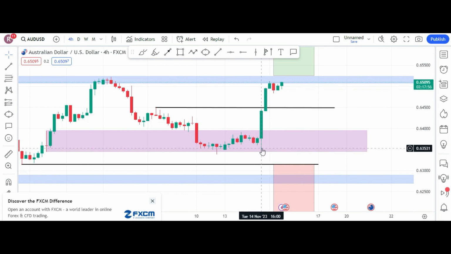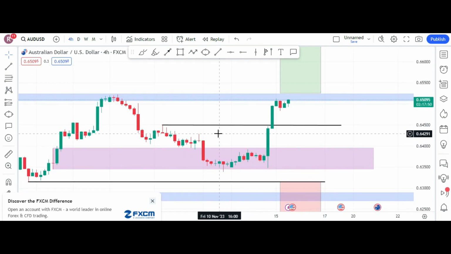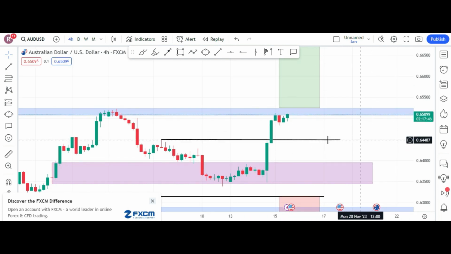This was the last area it retested here, and it went upward, and it broke the structure here, and it went to this position yesterday. Currently we are here, but this is, I think, the outcome of yesterday.